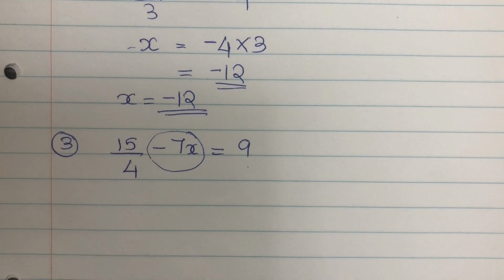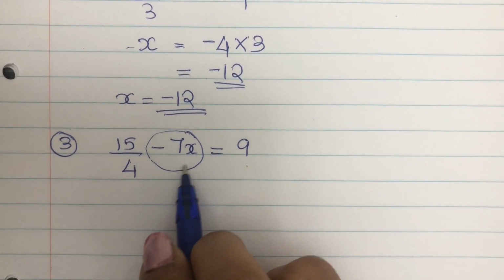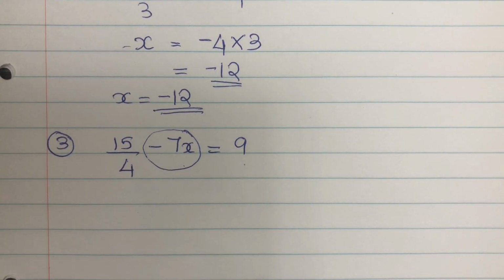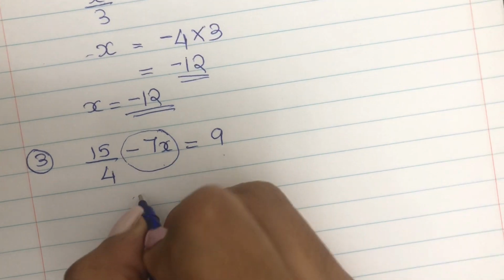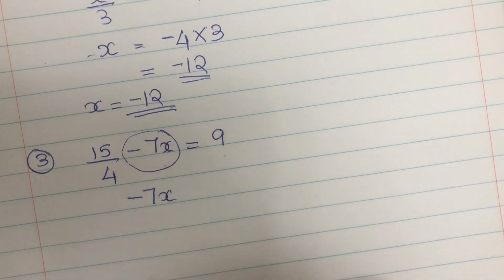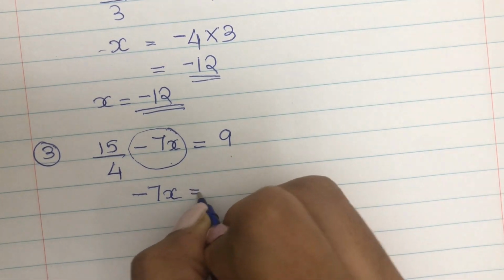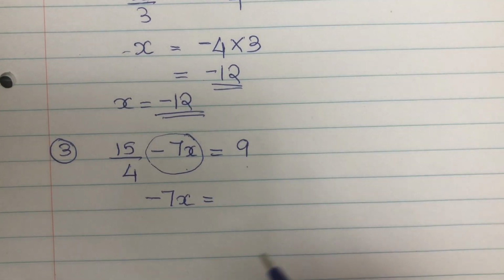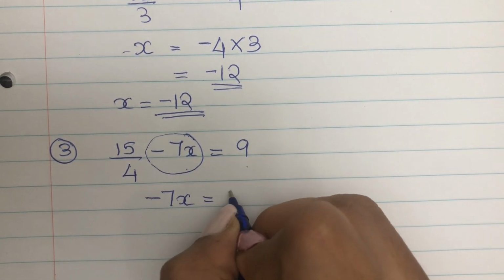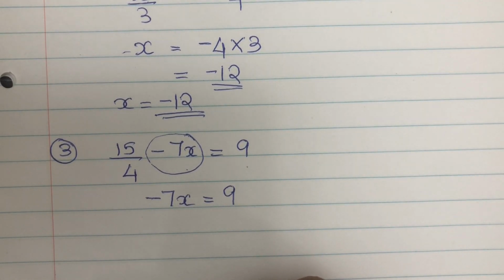Okay, with the sign you mark. Okay, this is the variable term. So variable term we will keep it in the LHS. So first I'll write minus 7x. I'll keep it where? In the LHS. And then transfer all the things to the RHS, other terms to the RHS. So first I'll write what is there already in the RHS. 9 is already there in the RHS.